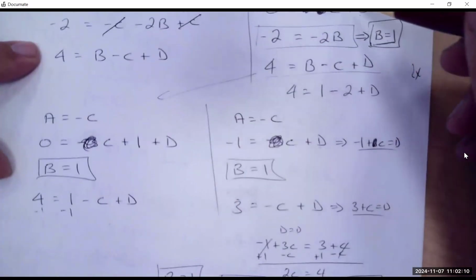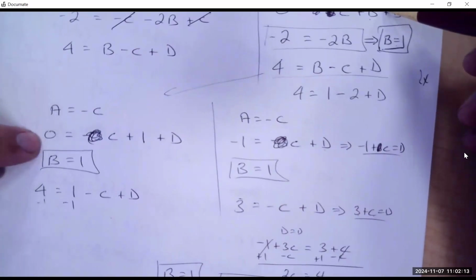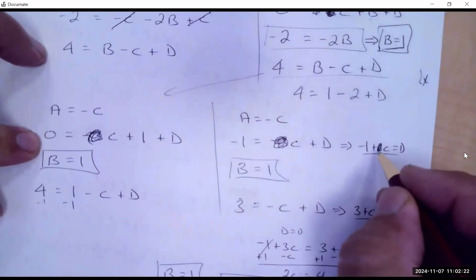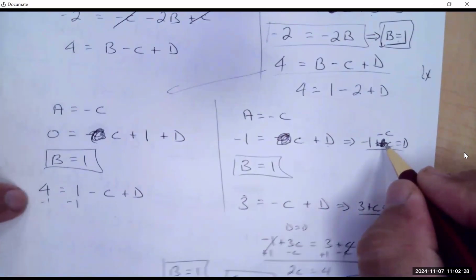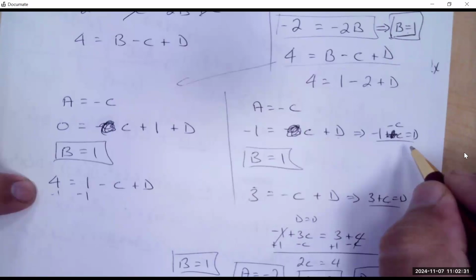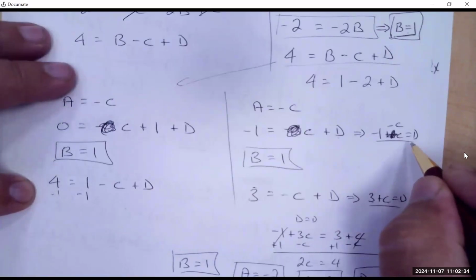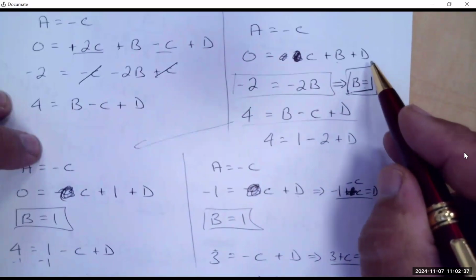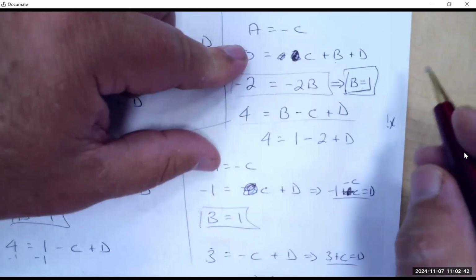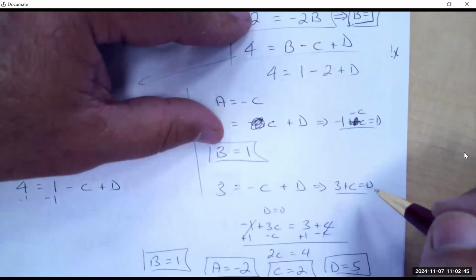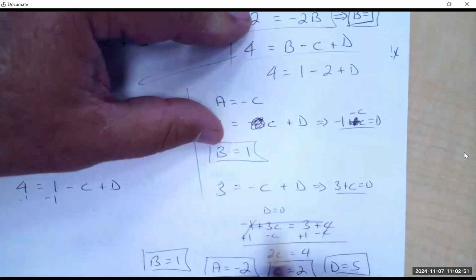So 0 equals C plus 1 plus D. So it's negative 1 minus C is equal to D. And D is equal to negative B minus C. So here's what we've got to redo, this part.